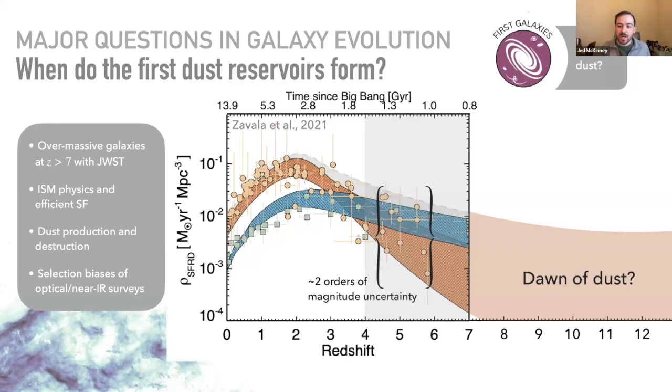The highest redshift at which one might find significant dust reservoirs has really important implications for the production and destruction channels of dust. In particular, is that coming from AGB-like stars, or does it really require more exotic pathways?